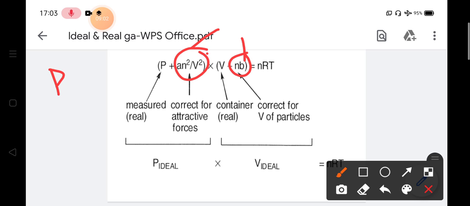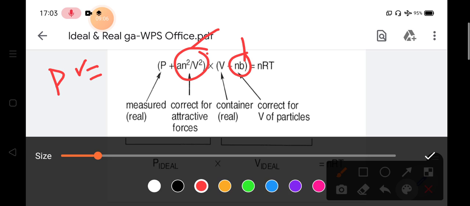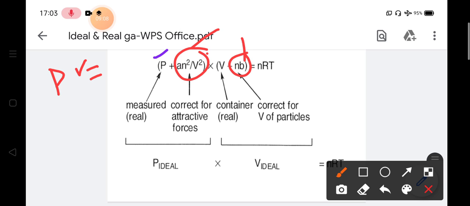We will get the same equation that is for ideal gas, PV equals nRT. So if we omit these two parts, we will get the same equation as the ideal gas. These two terms mainly come from this a n square by V square part.